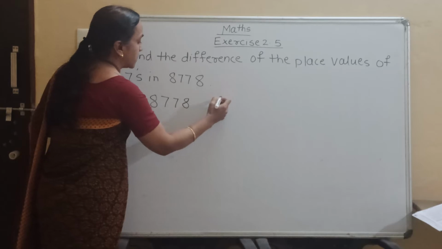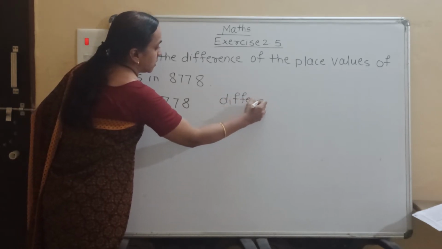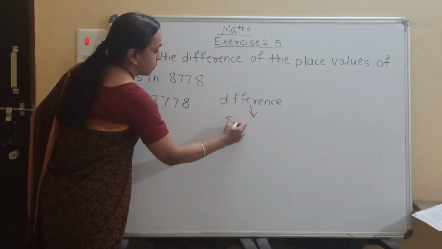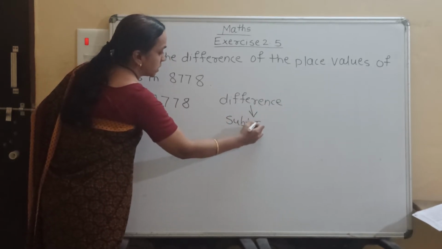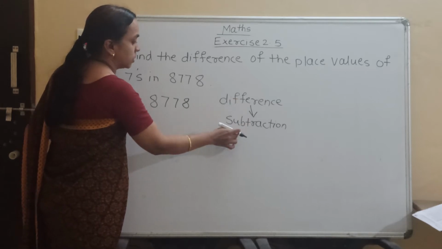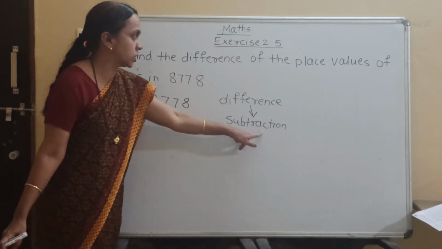Find the difference. So first, what is the meaning of difference? Difference means we have to do subtraction. These words are very important. So always remember these words. This also you write down in your notebook. Meaning of difference is subtraction.